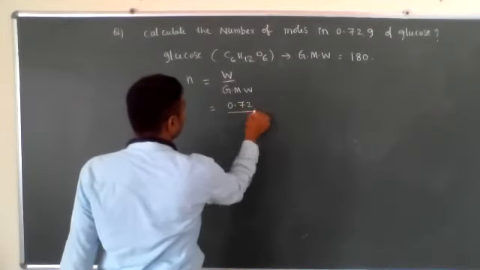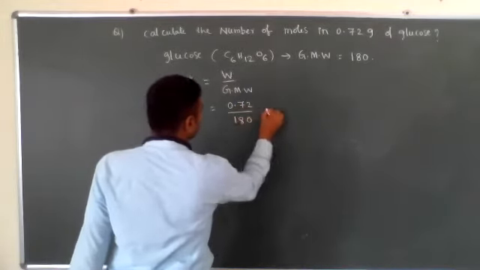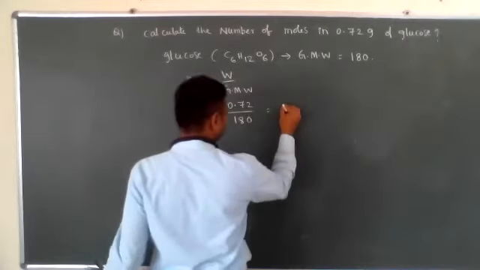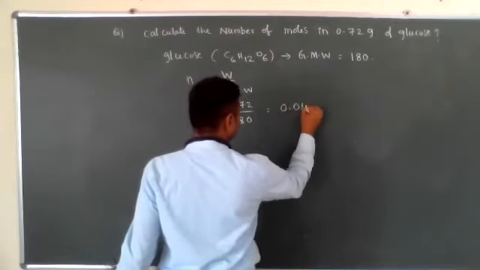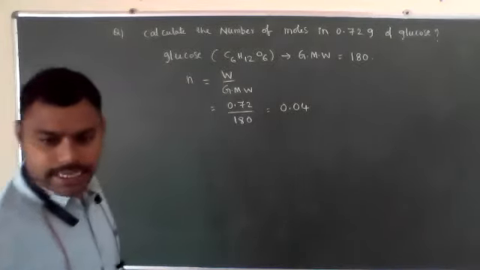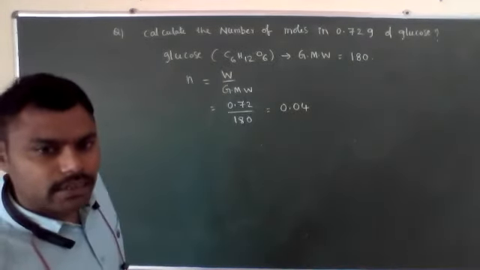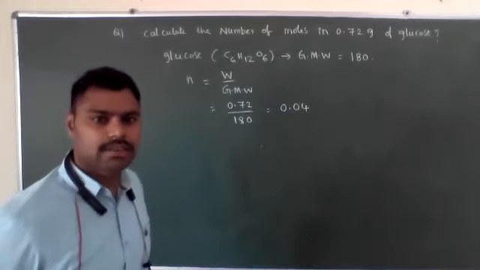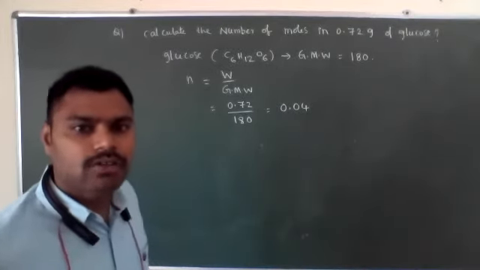Now 0.72 by 180. Simplify that. How much will we get? 0.04. Yes, 0.04 moles. Very good.